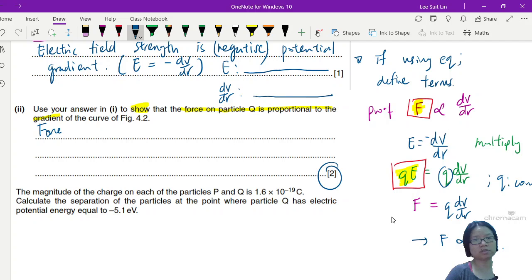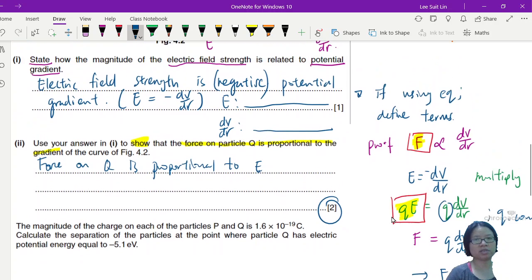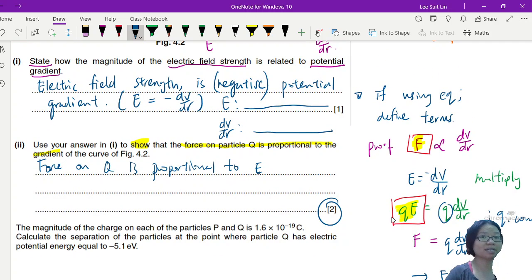Say the force on Q is proportional to the electric field strength, E. Then if you feel like it, you can write F is equal to QE.